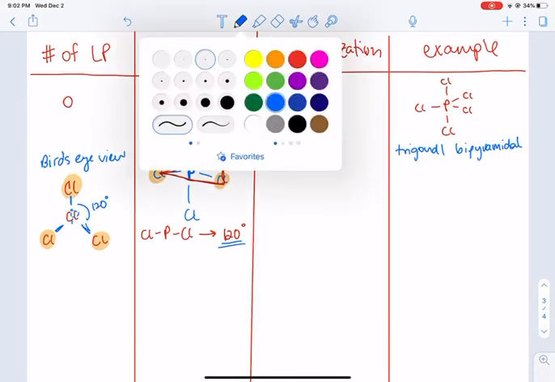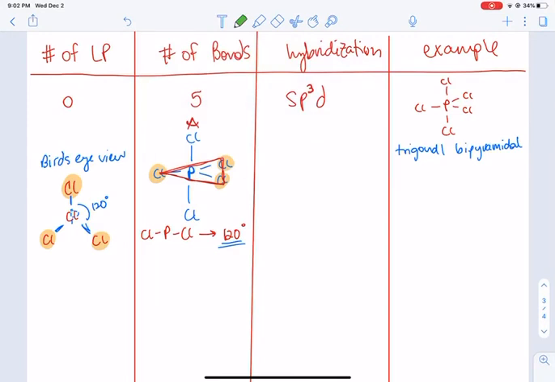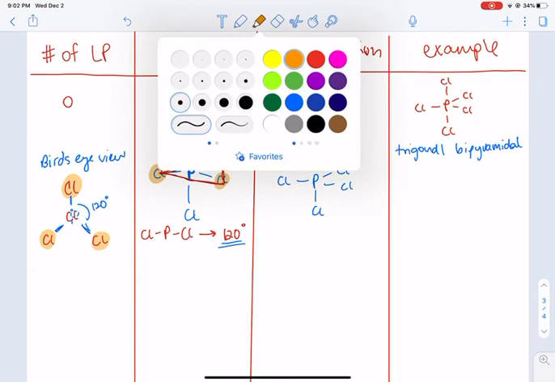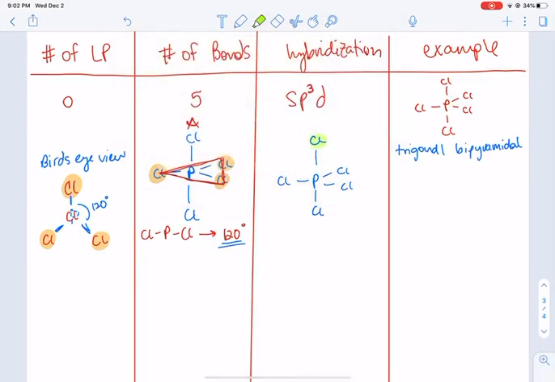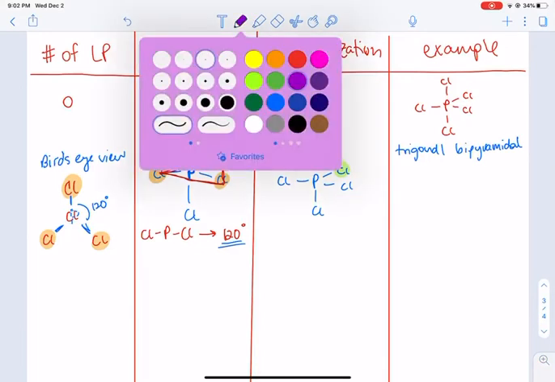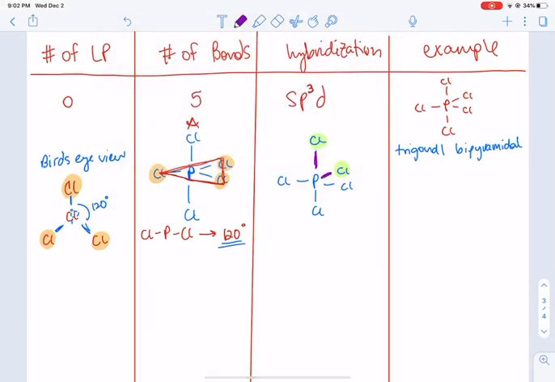Now, there's a second angle here, which I'm going to draw over here to the side. So we've got phosphorus and the chlorines. If we look at this chlorine and this chlorine, we're really interested in this angle here. So now we've got chlorine, phosphorus, chlorine, but this is for the chlorines in green. This angle is going to be 90 degrees, right?